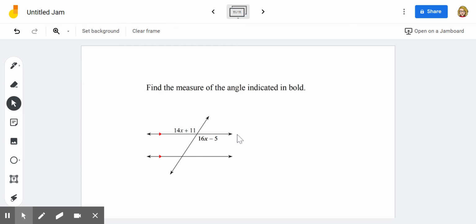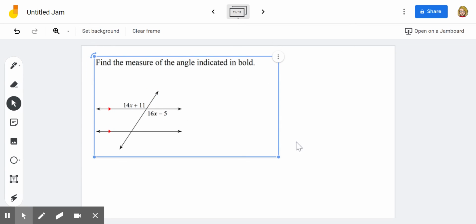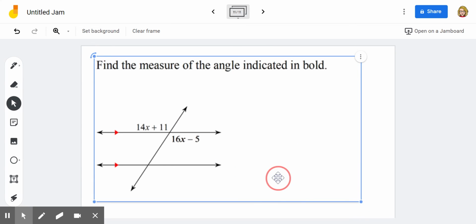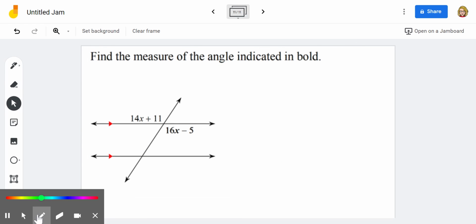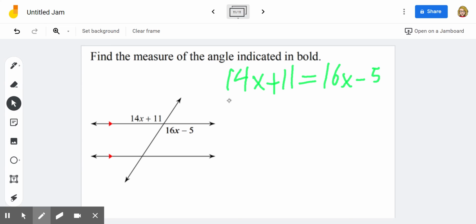So now we're going to solve this example. Like the other ones, since these are congruent, I'm going to set them equal to each other. So 14x plus 11 is equal to 16x minus 5. I'm going to subtract 14x.